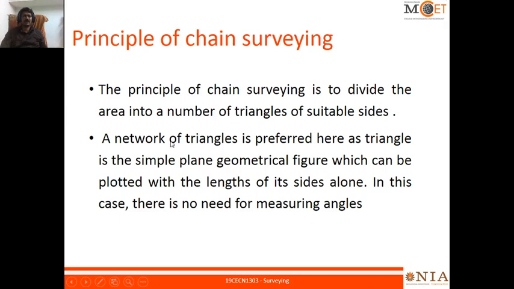So divide the area into number of triangles of suitable sides. The network of triangles is preferred here, as the triangle is the simple plane geometrical figure, which is very simple and very easy to divide, which can be plotted with the lengths of its sides alone. In this case, there is no need for measuring the angle.